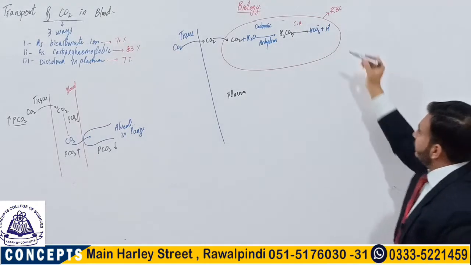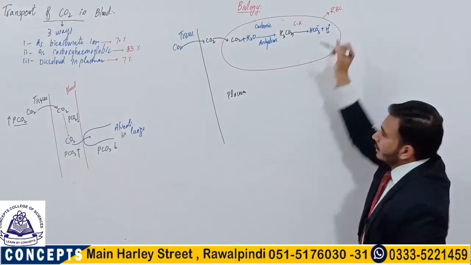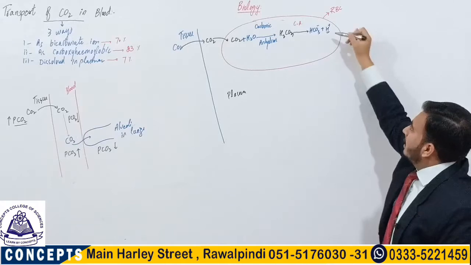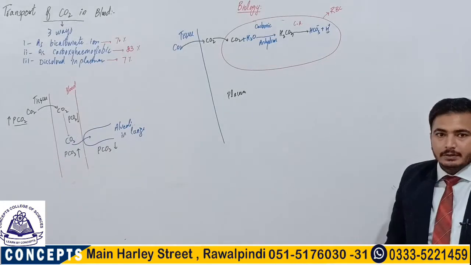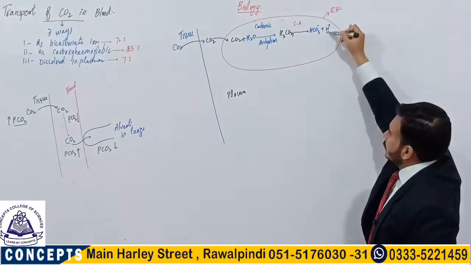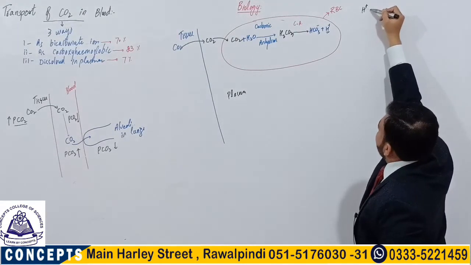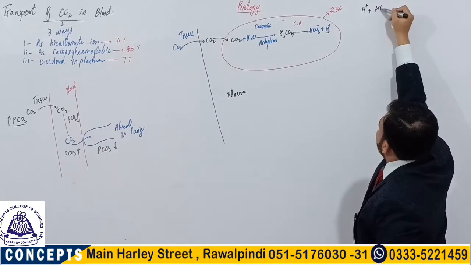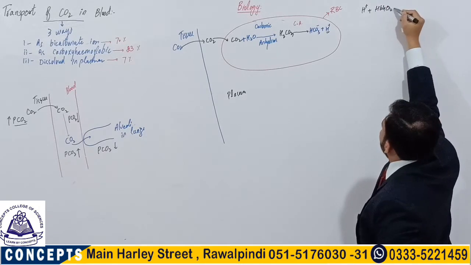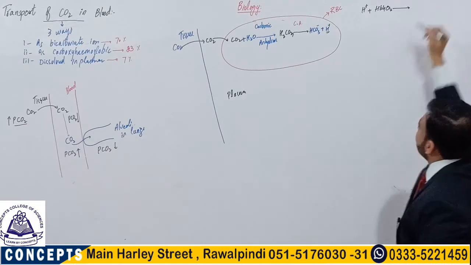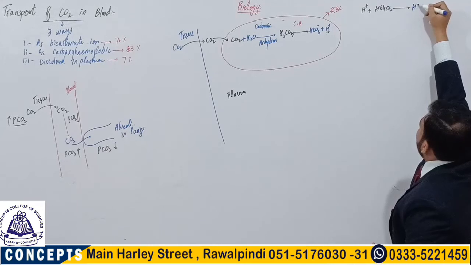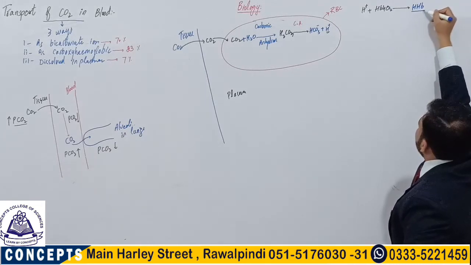This H positive ion would decrease the pH of the blood, but it doesn't happen. Why? H positive ion reacts with hemoglobin, which carries the oxygen, and as a result oxygen is released and hemoglobinic acid is formed.